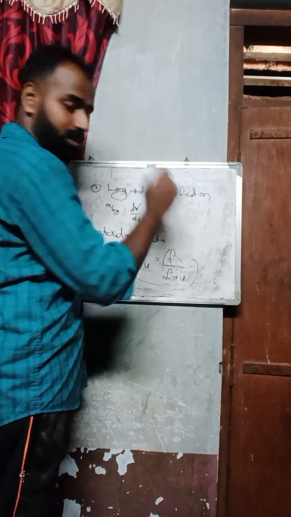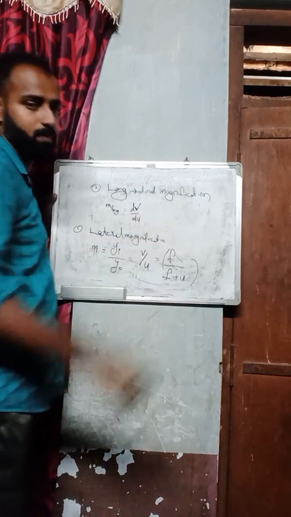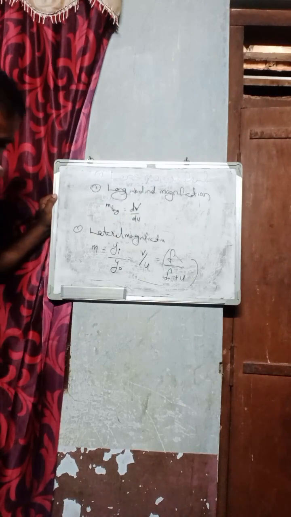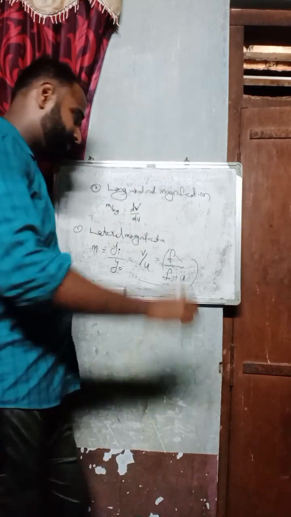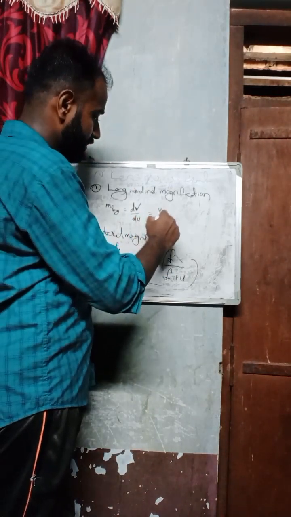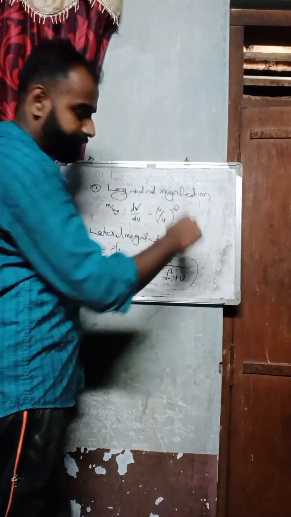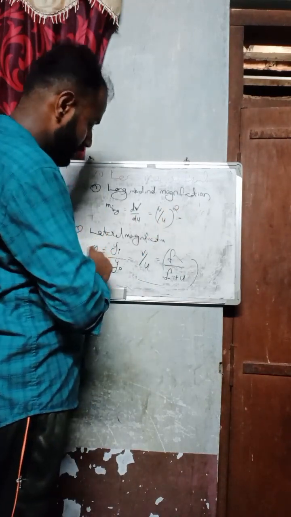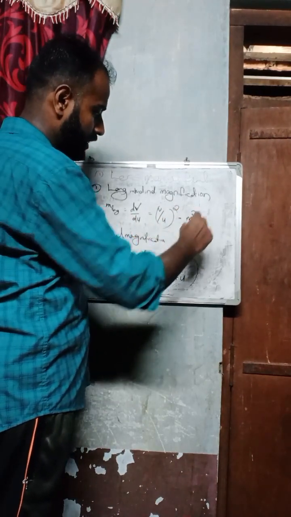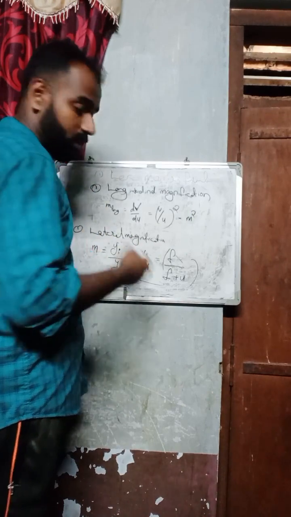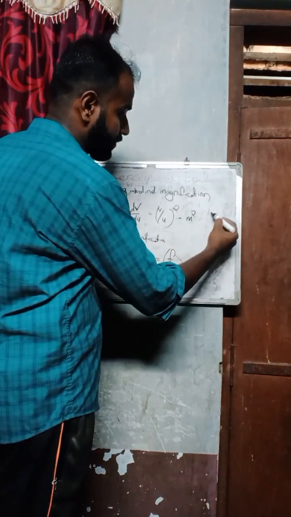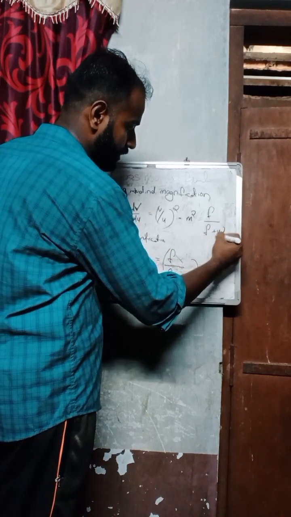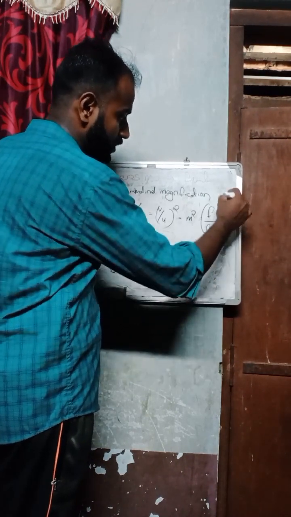This is image distance with respect to object distance. So it is longitudinal. We get V by U the whole square. Comparing with lateral magnification, it is M square. Then we can say F by F plus U the whole square.